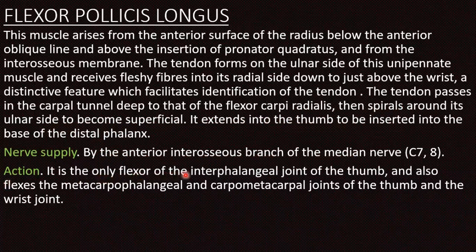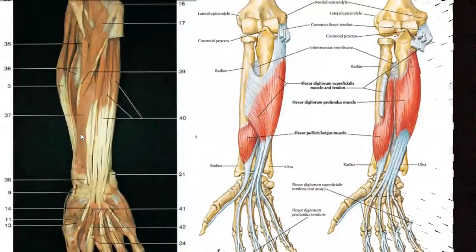It is the only flexor of the interphalangeal joint of the thumb, and also flexes the metacarpophalangeal and the carpometacarpal joints of the thumb and the wrist joint. You can see it is a unipennate muscle. You can see the tendon is forming on its ulnar side. Then fleshy fibers are being inserted on the radial side of this tendon. Here it is.